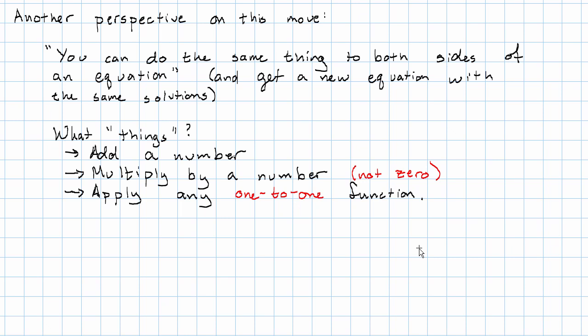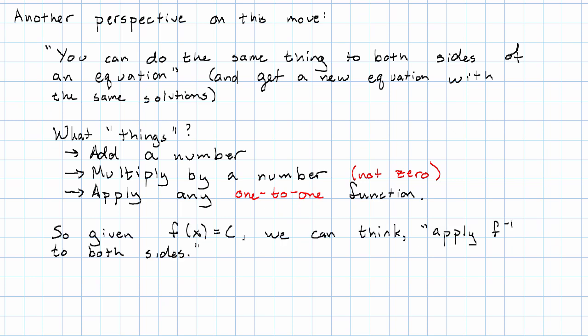Throughout this course, we're going to encounter situations where we do a same thing, yet oddness occurs in our solving process. No oddness occurs if we multiply by a number that is not 0. No oddness occurs if we apply a one-to-one function with an appropriate domain. So another way that we can think of this move is as applying f inverse to both sides of the equation.